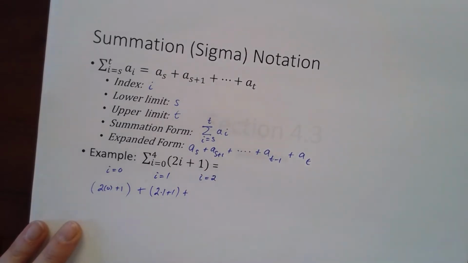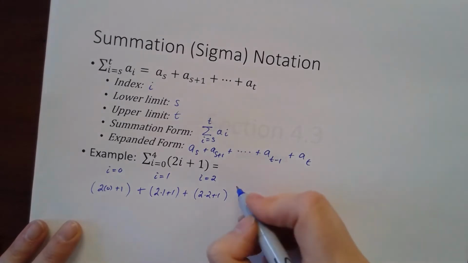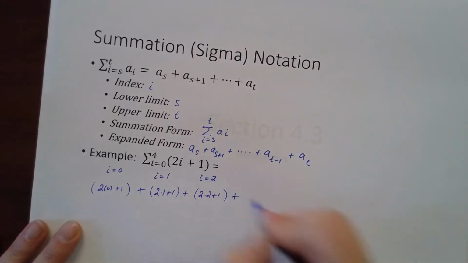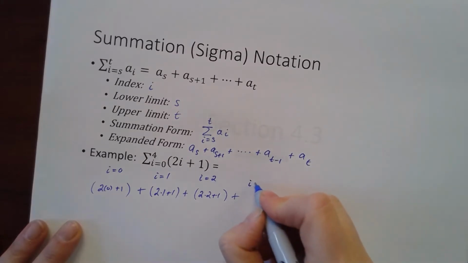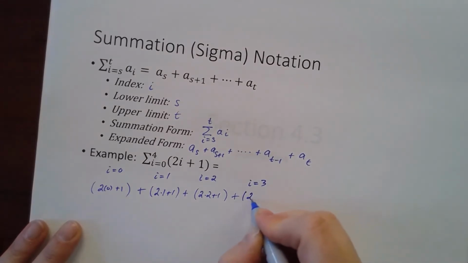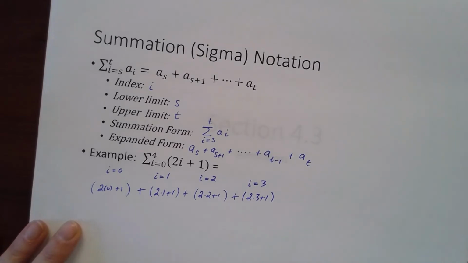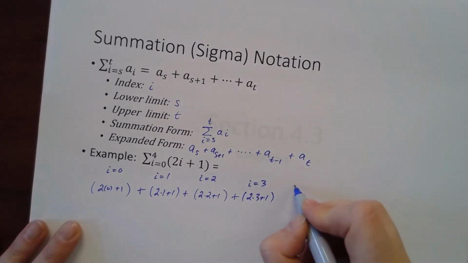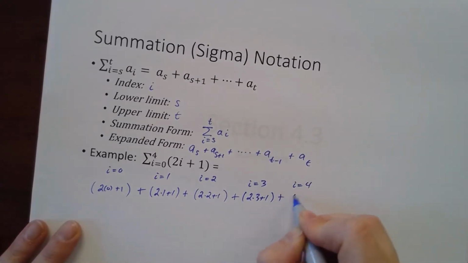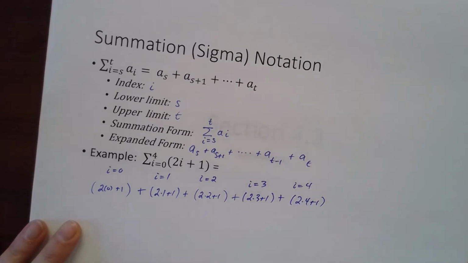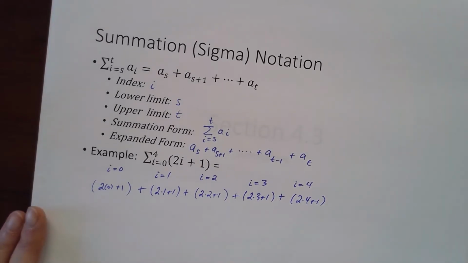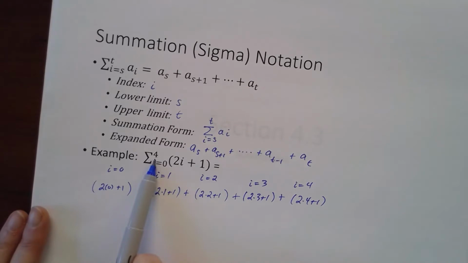On to i equals 2, that would be 2 times 2 plus 1. We'll fill them in a minute. Then i equals 3 is 2 times 3 plus 1, and then i equals 4, so you add on 2 times 4 plus 1. Now I've reached my upper limit, I stop.